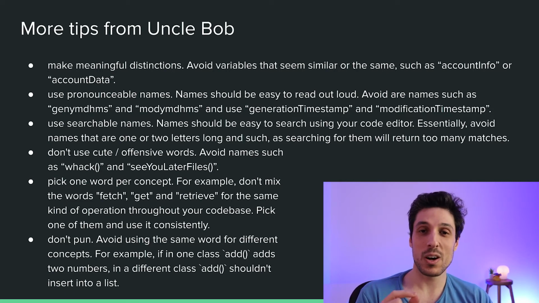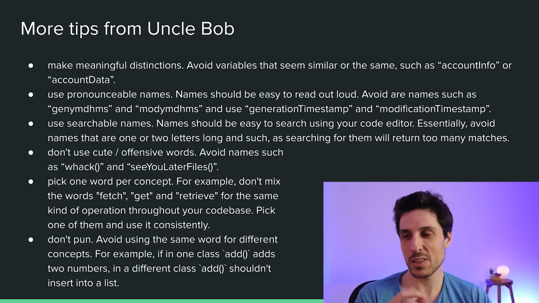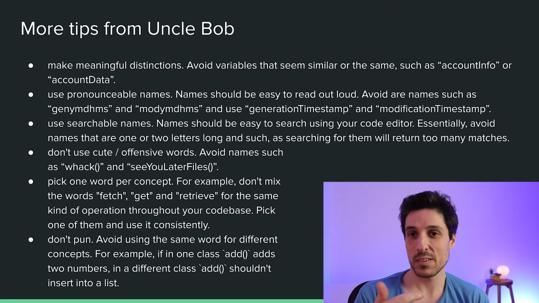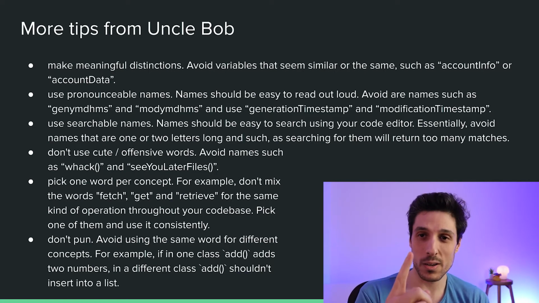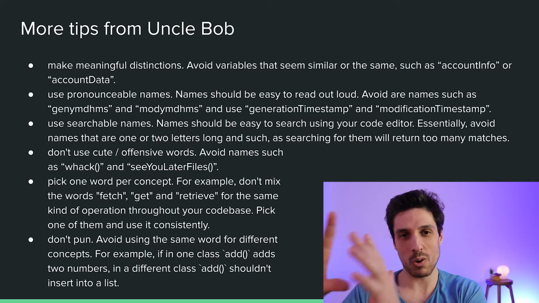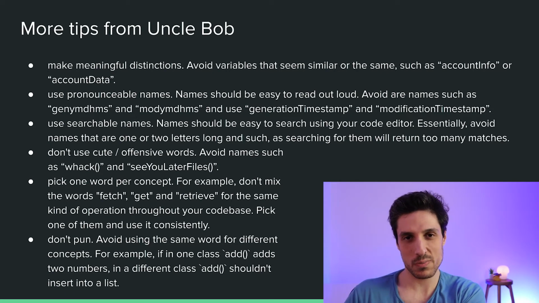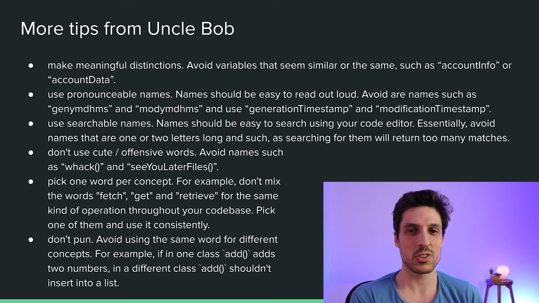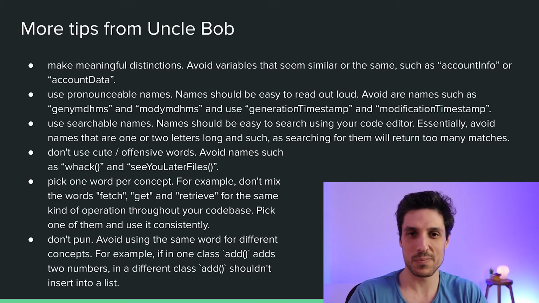And another is to pick one word per concept. What that means is that between the choices fetch, get, and retrieve, pick one and use it for all of those operations. Don't use all three; pick one word for that concept and use it consistently throughout your code.